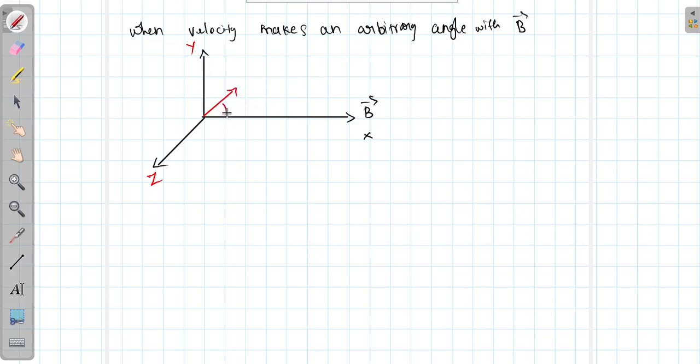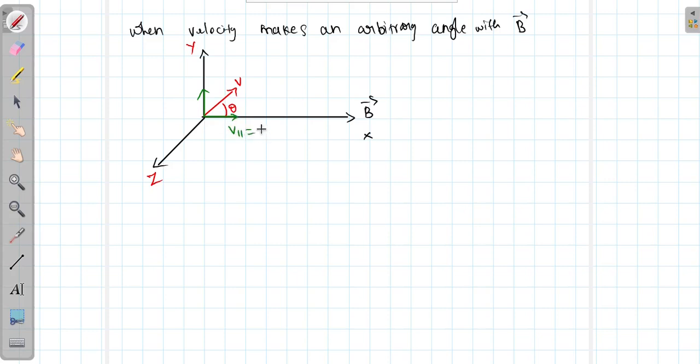So the charged particle makes an angle theta with the magnetic field. Now resolve the velocity vector into components, because the velocity is not perpendicular to the magnetic field. Therefore, we have to resolve the velocity vector into horizontal and vertical components.